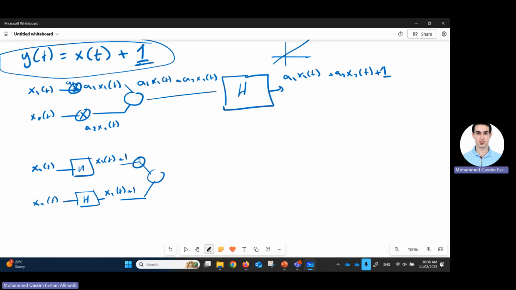We scale, right? a1 x1 of t plus a2 x2 of t plus a2 plus a1, right? We distributed the a over both sides. Then we do the addition. So you'll get a1 x1 of t plus a2 x2 of t plus a1 plus a2.